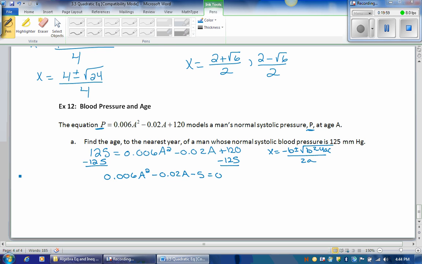A is 0.006, B is negative 0.02, and C is negative 5. X equals negative negative, so it becomes positive. So all I'm doing is substituting in right now.